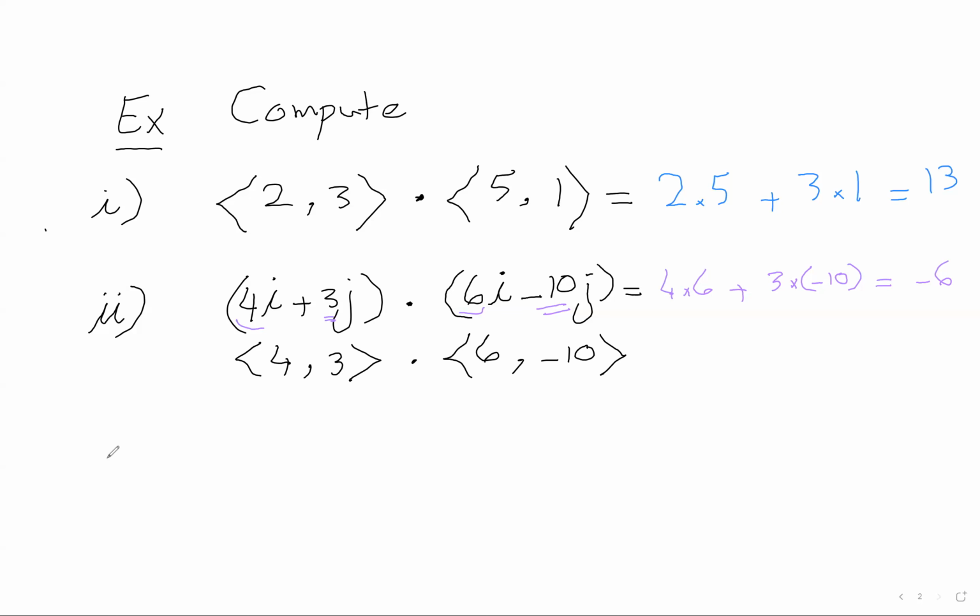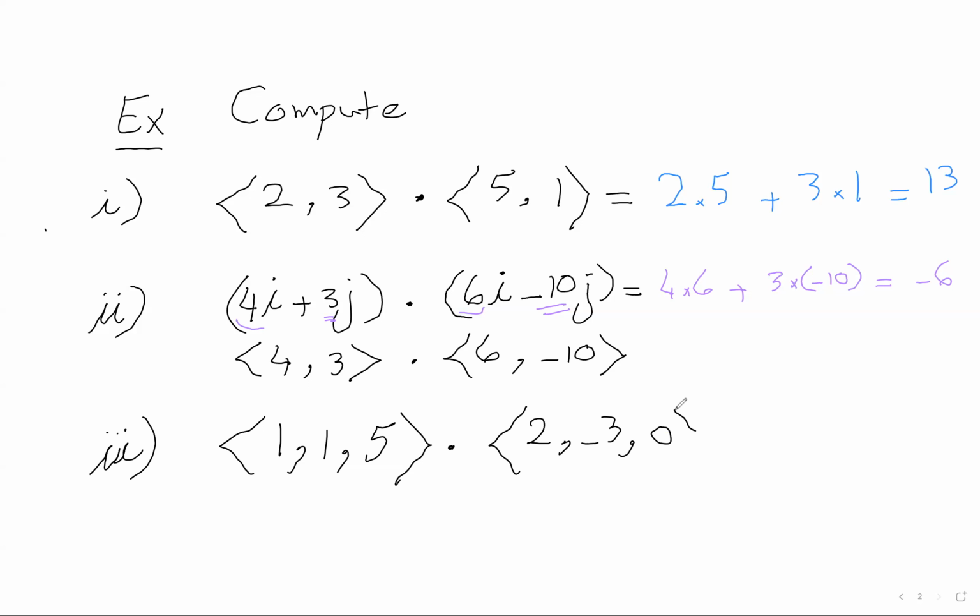Let me do an example in R3. Suppose I have 1, 1, 5, dot product with the vector 2, negative 3, and 0. Again, the outcome is a number.